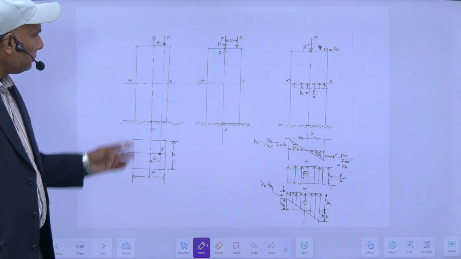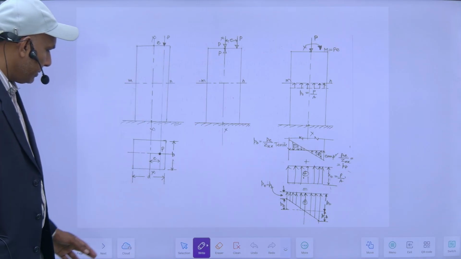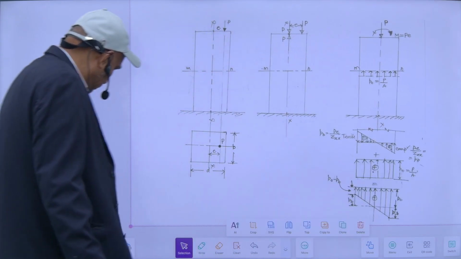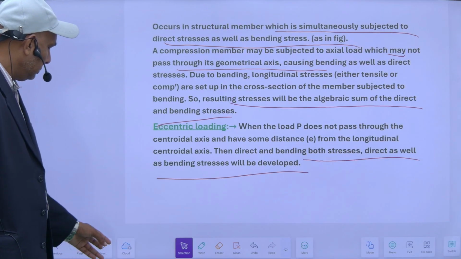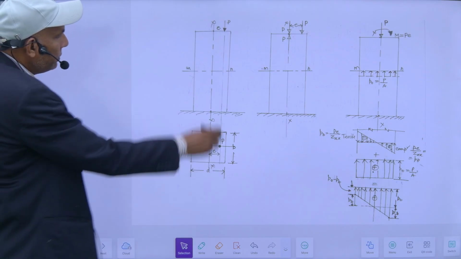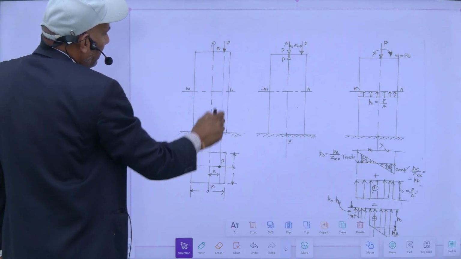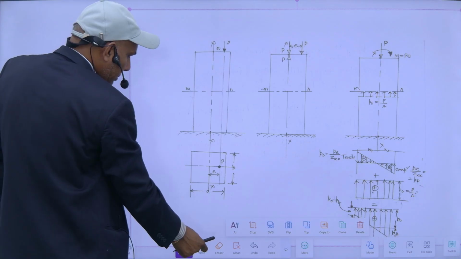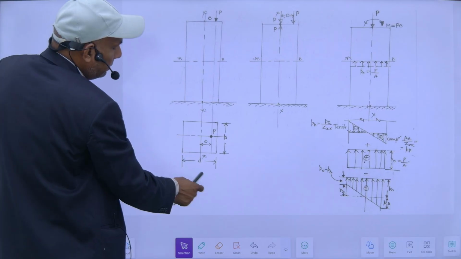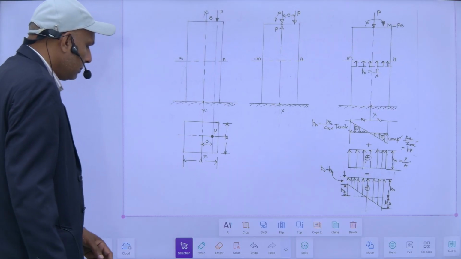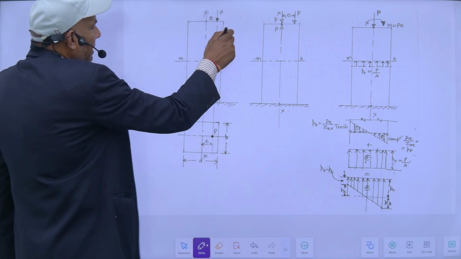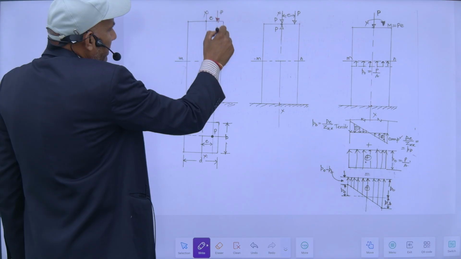So this is how it acts. The load is acting here, and this is the central axis. My load is not passing through the central axis, it is passing on this line.